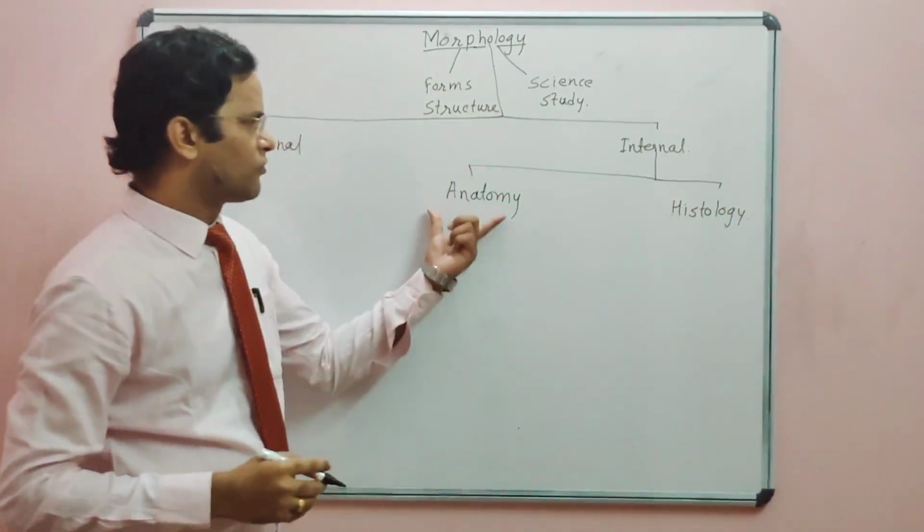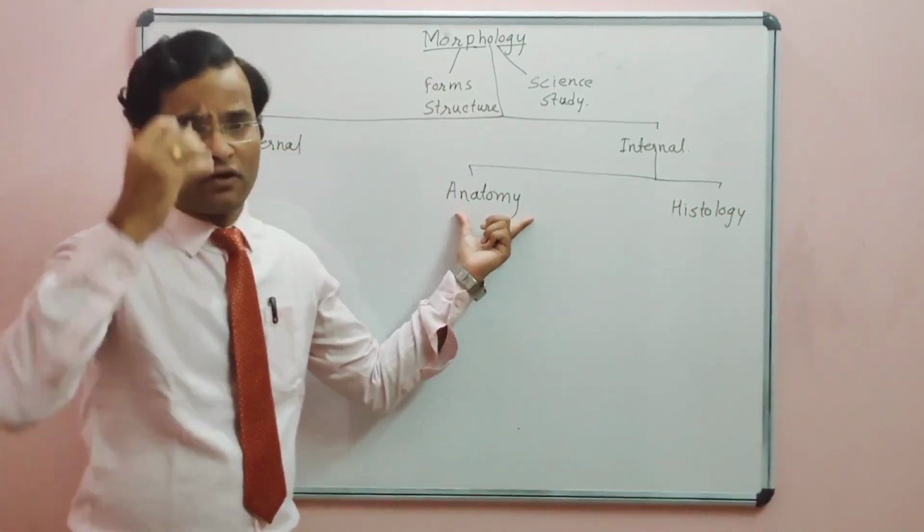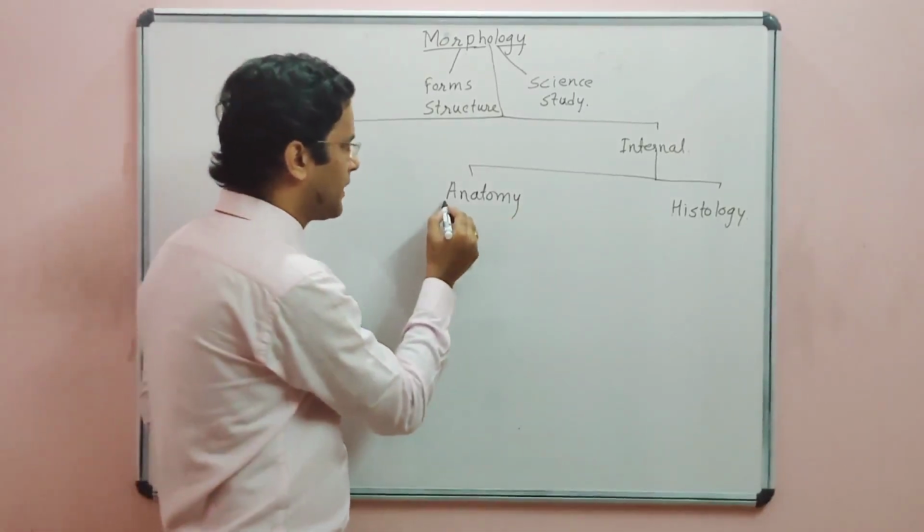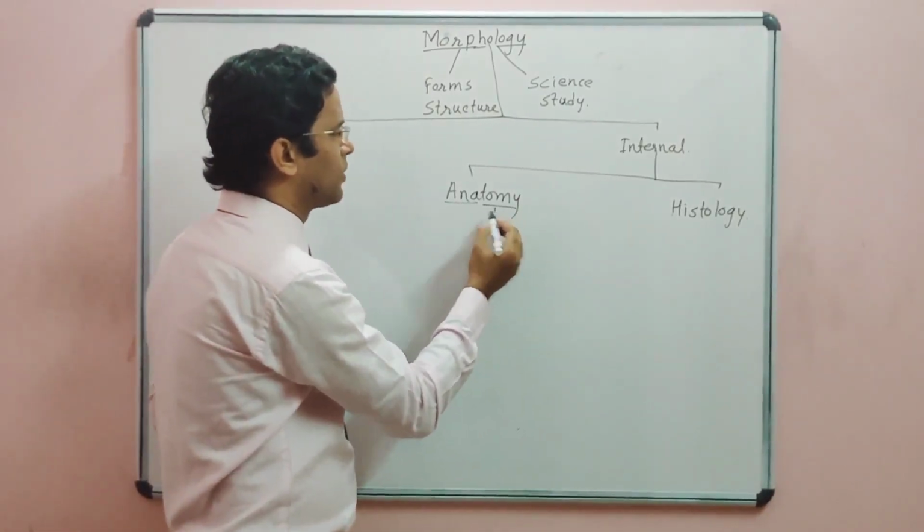In the case of anatomy, this word also came from the Greek language. Ana means again and tomy means to cut.